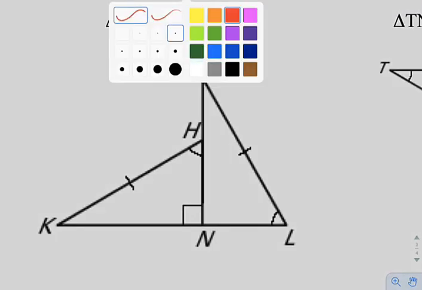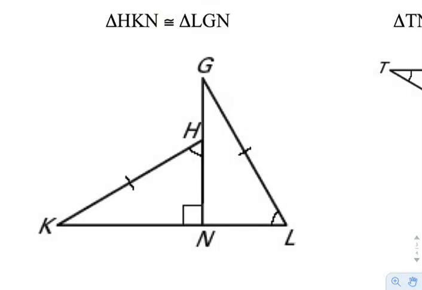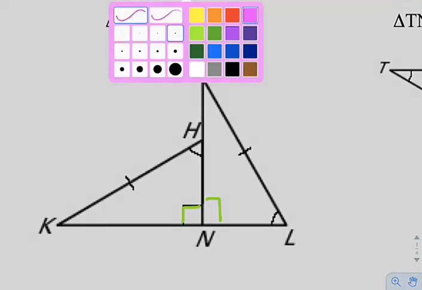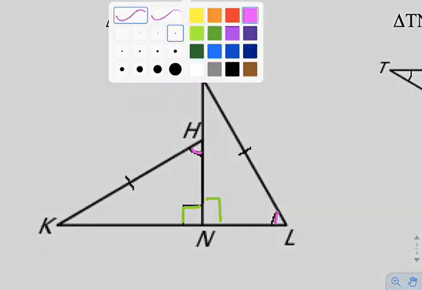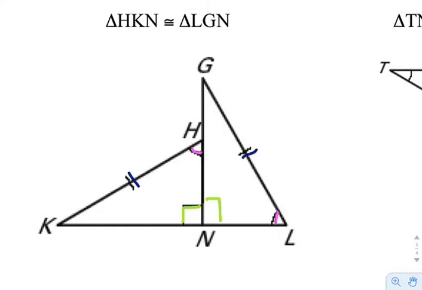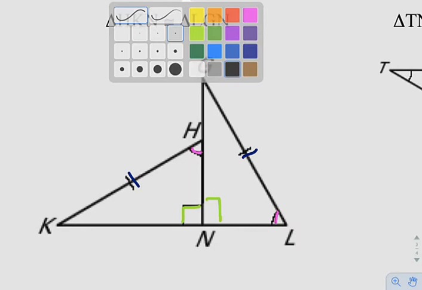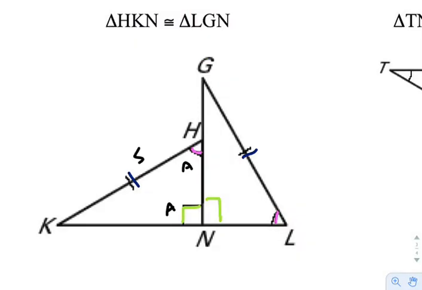All right. So here we have a perpendicular, which means that angle's got to be a right angle as well. We have an angle and then a side. I think we're good here because I'm looking at angle, angle, side, and then green, pink, blue. Yeah, so that's going to work okay. Let's see if our congruency statement's right.